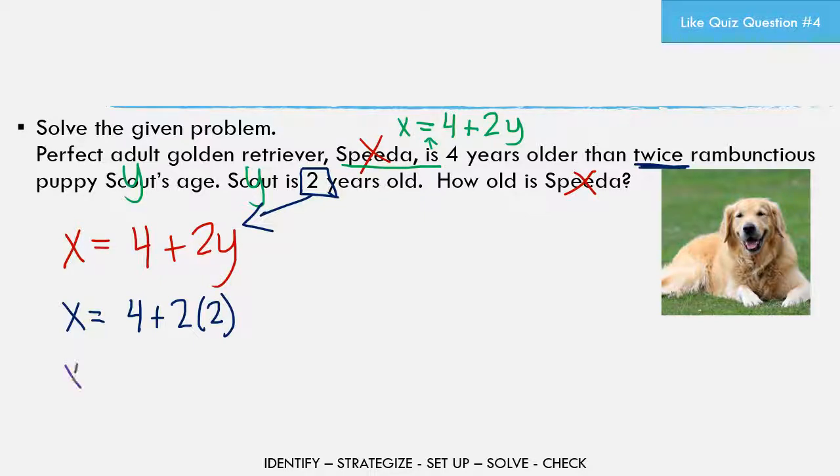We have to do multiplication first. 2 times 2 is 4. And now we have x is equal to 4 plus 4, or 8. So x, which remember is Speeda, is 8 years old.